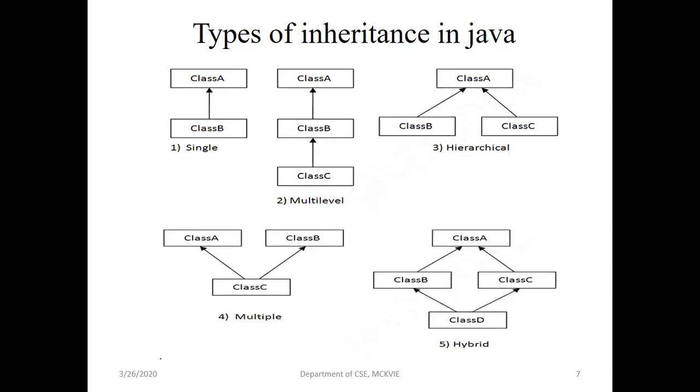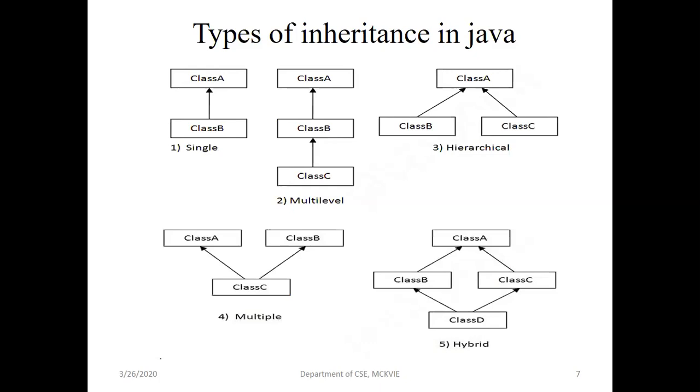Child class is inherited from the parent class. So when class B is inheriting from class A, it is single level inheritance. The corresponding Java syntax will be class B extends A.